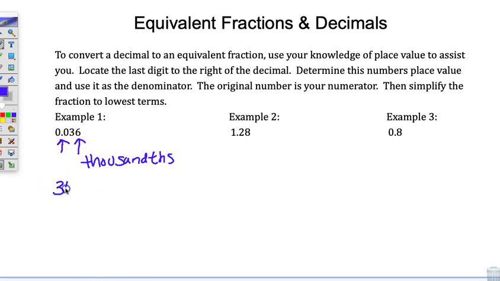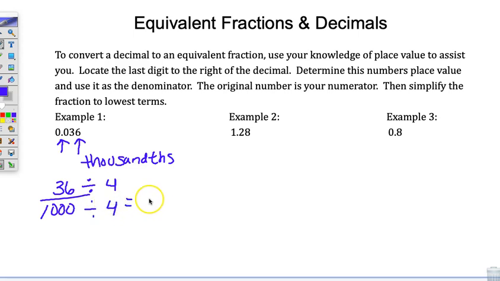We keep the original number, 36, and put it over 1,000, because whatever place value this last digit is in becomes your denominator. From there, you're going to reduce or simplify to lowest terms. Well, I know both of these are even numbers, so I know for sure they're divisible by 2, but I also know that 36 is divisible by 4, and so is 1,000.